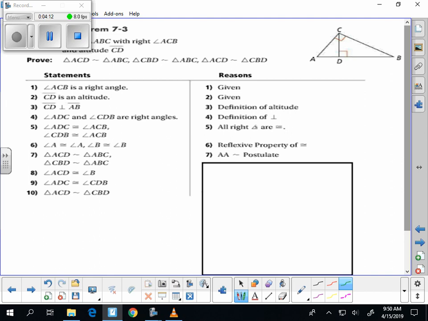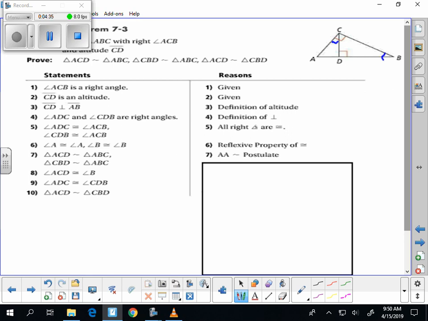ADC, that's this one, right? Is congruent to CBD. CDB. That one. Again. Oh, sorry. No wonder why. Number 8, ACD, which I had, is congruent to angle B.